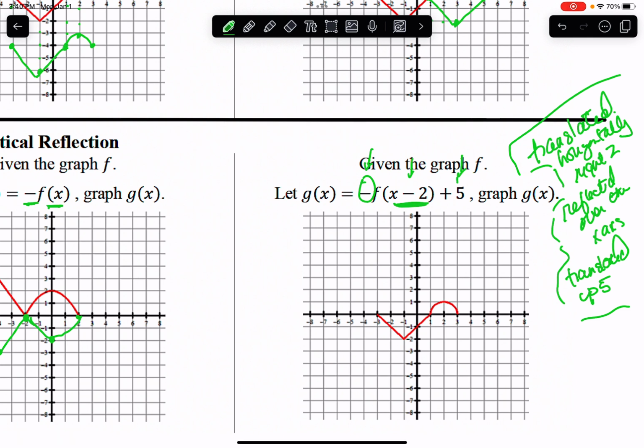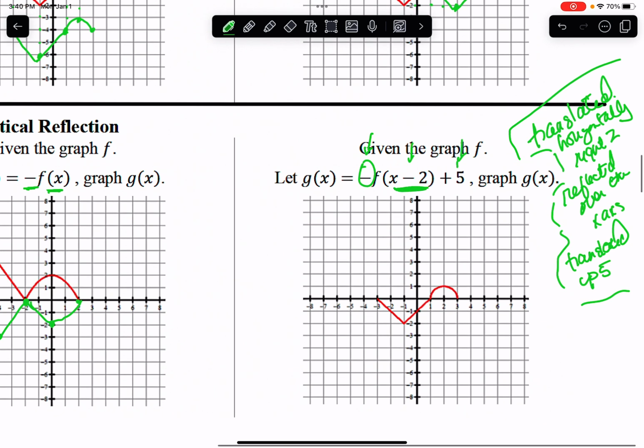We're going to try to do this step by step. First we're going to move it right 2. Every place there was, we're going to move it right 2. So here we are, there's right 2.